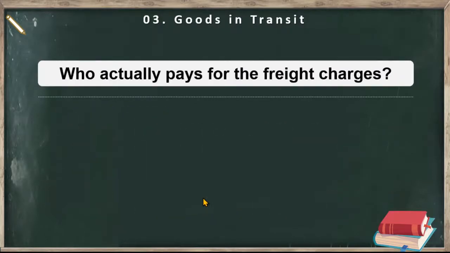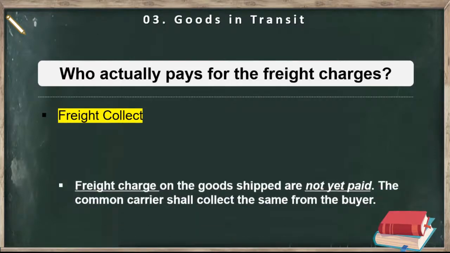Next question would be, who actually pays for the freight charges? How do we know who actually hands over the payment to the common carrier? It depends on the freight terms indicated, whether it is freight collect or freight prepaid. The first one is freight collect.